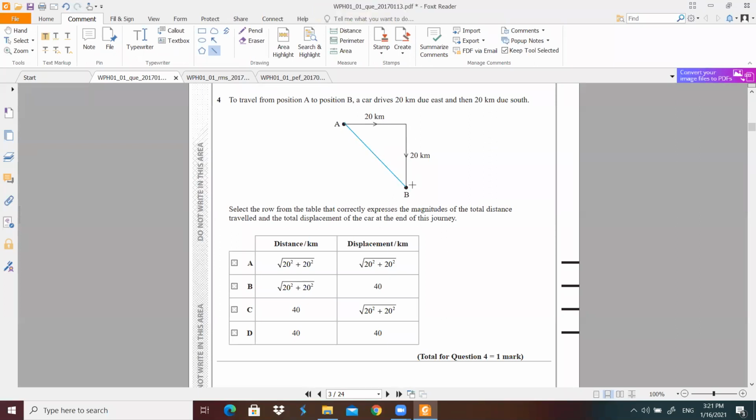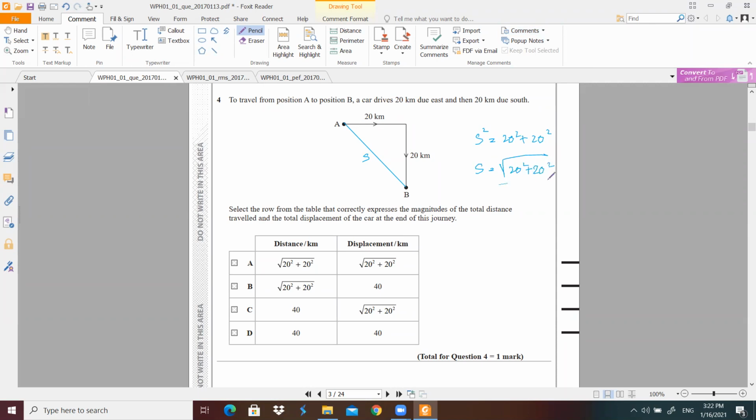Now, the blue line basically represents my displacement, and you can clearly see that this makes a right angle triangle, and this is the hypotenuse of this right angle triangle. Let's call this S. So S squared should be 20 squared plus 20 squared. So S should be root over 20 squared plus 20 squared.